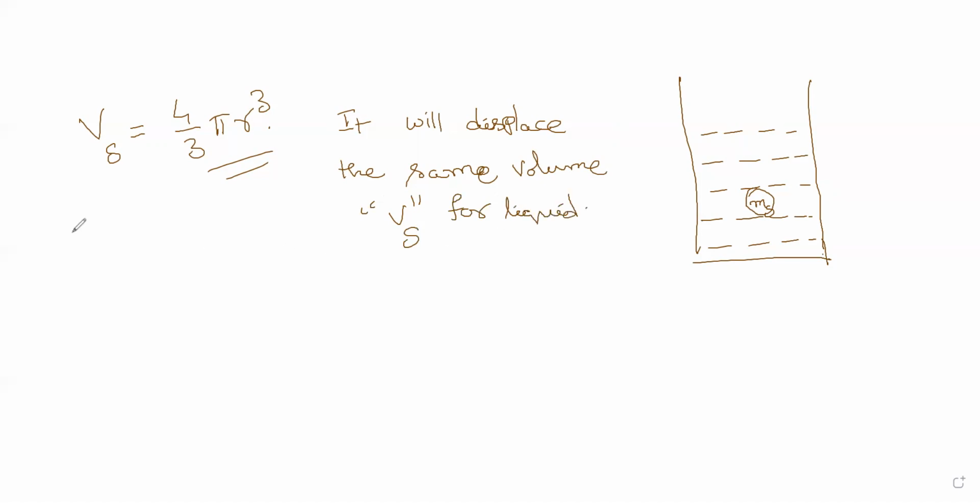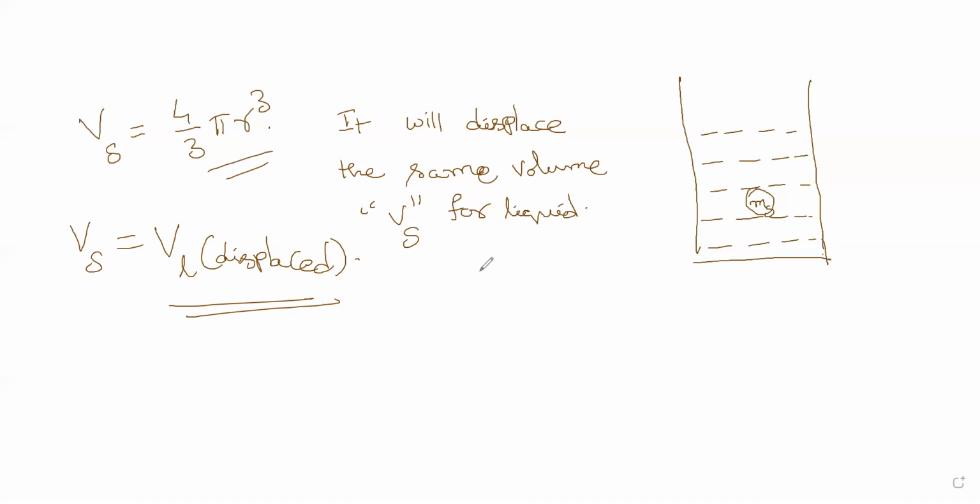So you can say that the volume of the sphere is equal to the volume of the liquid displaced. So first we write this. Volume of the sphere is equal to the volume of the liquid displaced. This is the basic Archimedes principle we are using. So the volume of the sphere when it is thrown inside the liquid is equal to the volume of the liquid displaced. First part is there.